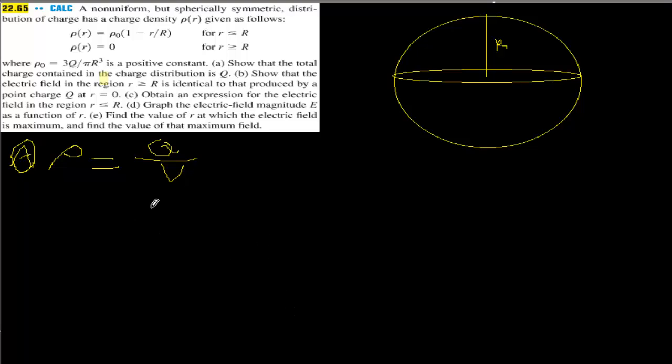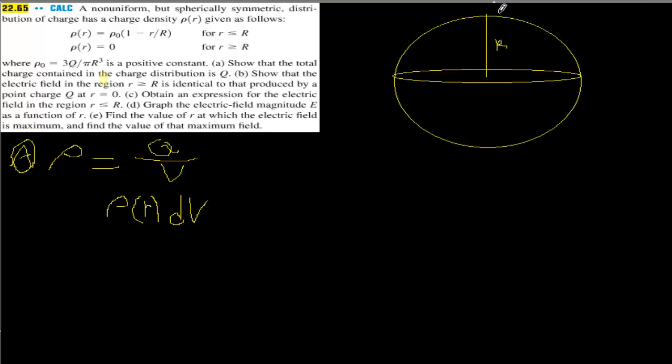And so if we look at it like this, say we take the charge density function that we have, rho of r, and we multiply it by some infinitesimally small element of this volume. We'll call that dV. And we multiply, and we'll have the charge of some infinitesimally small piece of the volume.